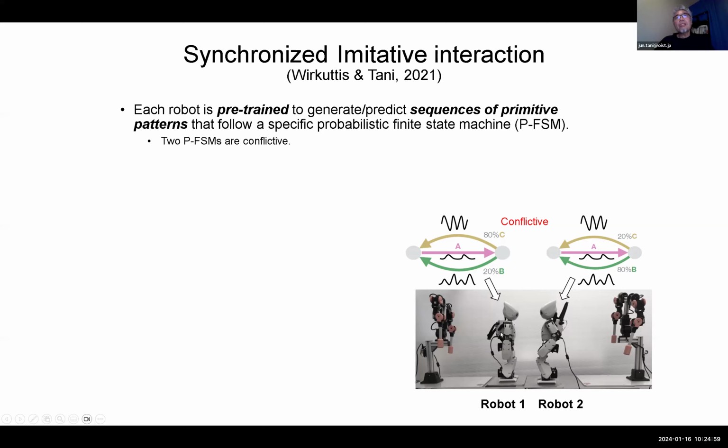Robot one is trained to generate movement pattern A, followed by movement pattern C 80% of the time and movement pattern B 20% of the time. Then it comes back to the start, repeating A, and again 80% C and 20% B. In learning these patterns, the robot learns the joint angle sequence, the proprioception sequence, and also how it looks visually, like a mirror image of my two hands moving.